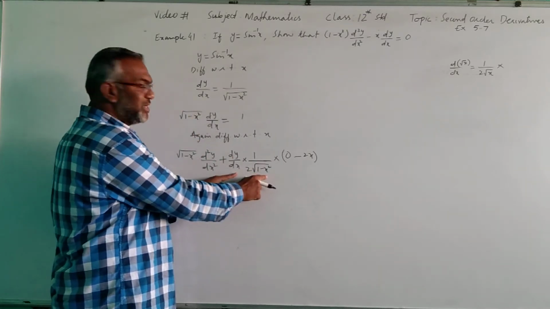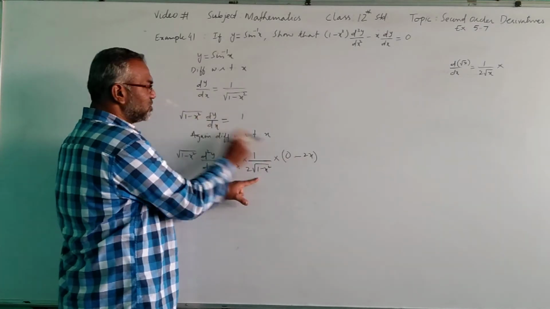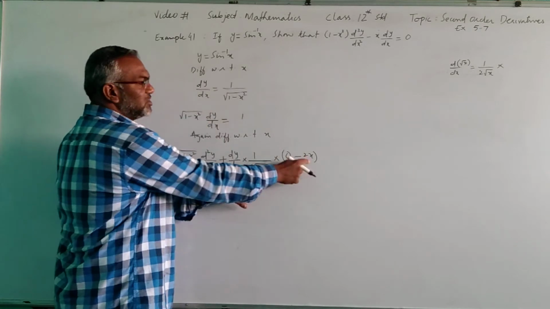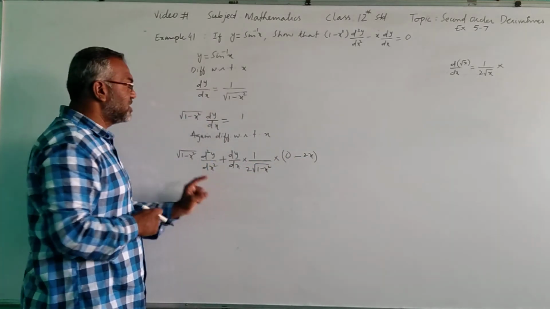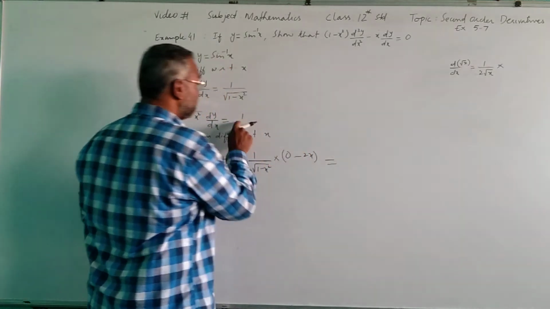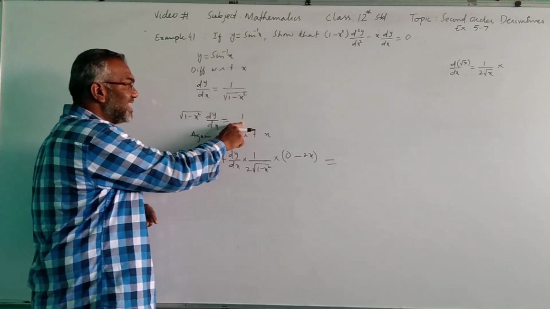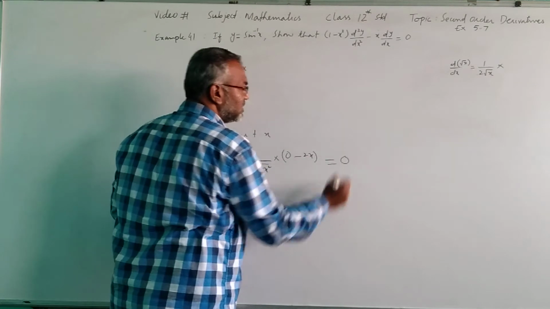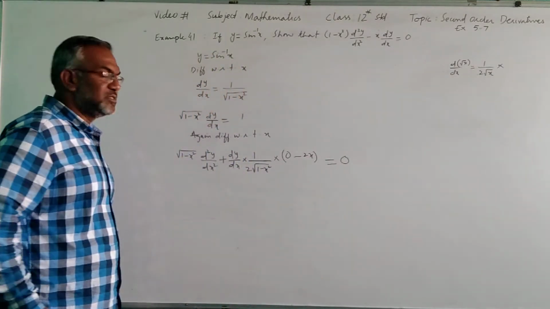So first function as it is, differentiation of second, plus second function as it is, differentiation of first: root x gives 1 by 2 root x, then without the root, differentiation of 1 minus x square, 1 is 0, minus x square differentiation is 2x. Is equal to, we must differentiate the RHS also. What is in the RHS? 1. It's a constant, and differentiation of a constant is 0.